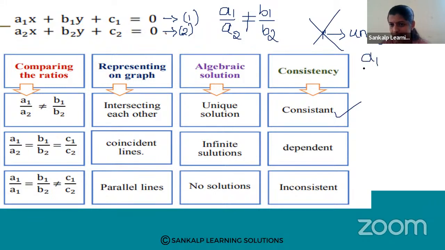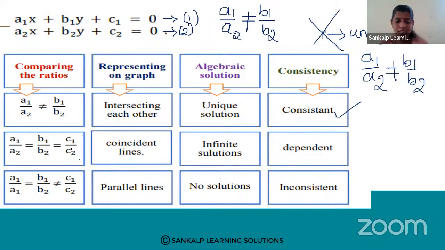When you get the result a1 divided by a2 is not equal to b1 divided by b2, then the lines intersect each other, the algebraic solution is a unique solution, and it is consistent. Remember, second case: a1 divided by a2 is equal to b1 divided by b2 is equal to c1 divided by c2. That means all the ratios are equal.